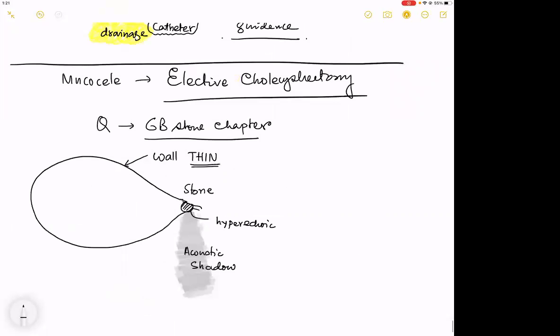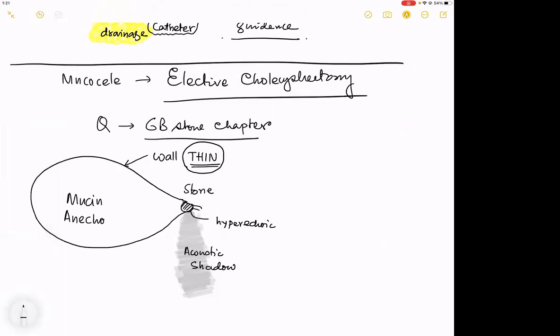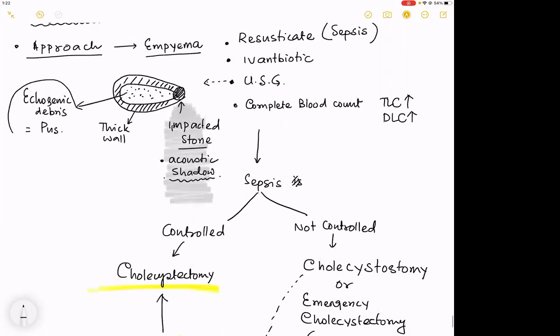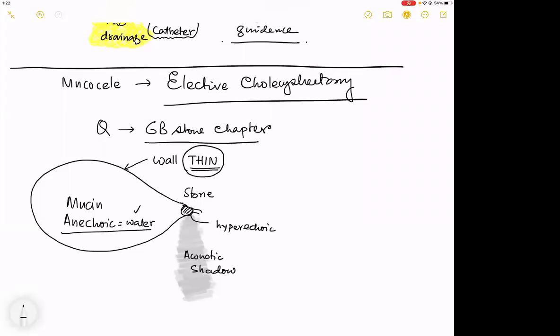This gallbladder wall is thin, and mucin is seen as anechoic, like water. In empyema, what did you get in this area? Echogenic debris, equal to pus. Here, you do not get anything, anechoic appearance.